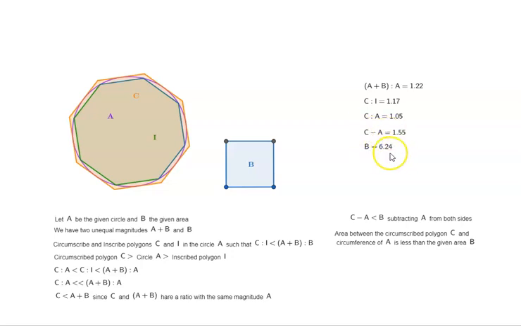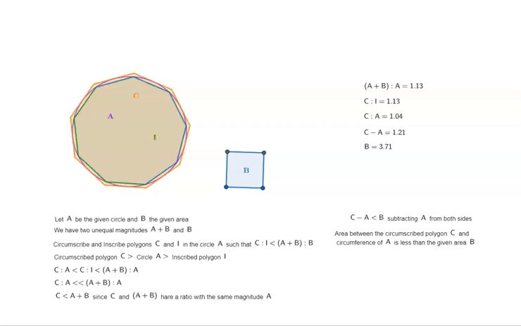So C minus A is less than B. So let me change this again now. So now 1.17 is greater than 1.13. So let's increase the number of sides of the polygon. So now C is to I is less than A plus B is to A.